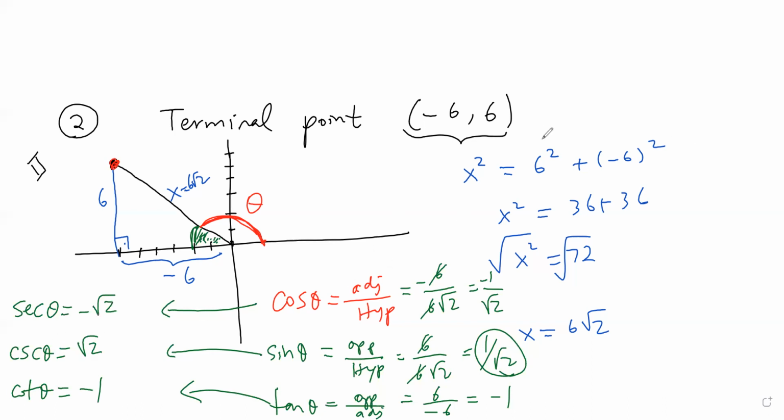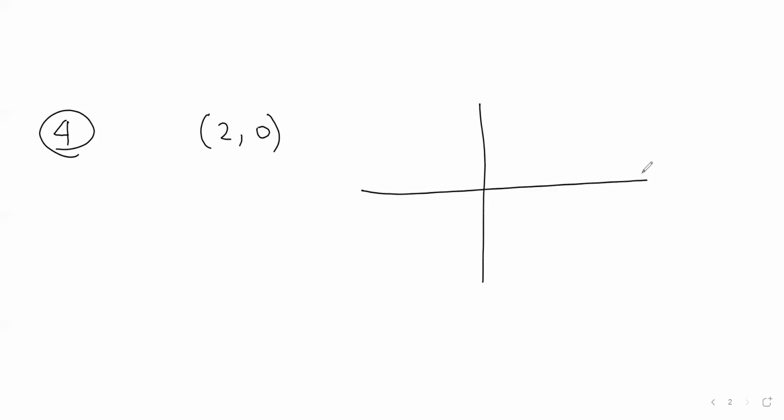So you will just do basically similar things for the other types of terminal points. So for instance, for this right here, number 4, if this is our terminal side, this is right on the x-axis, right? So you can't really form a triangle there, but we can do this.